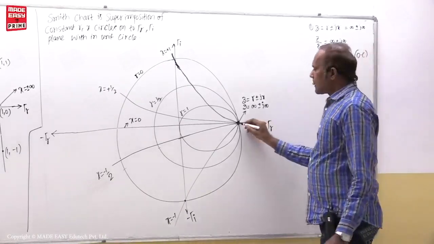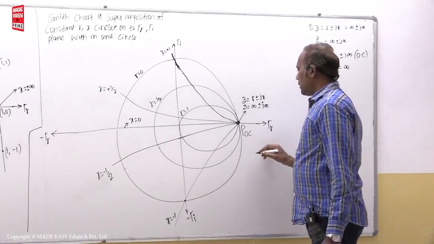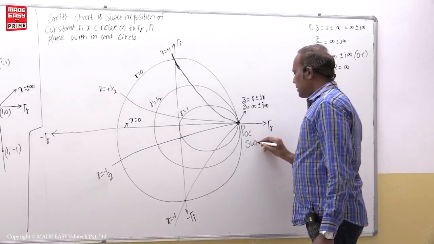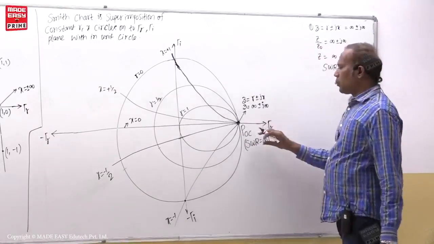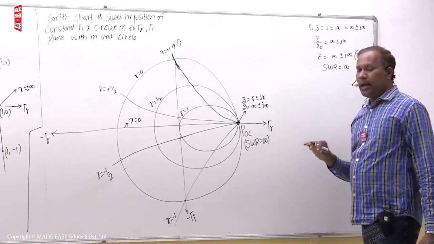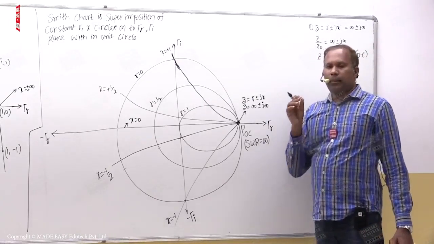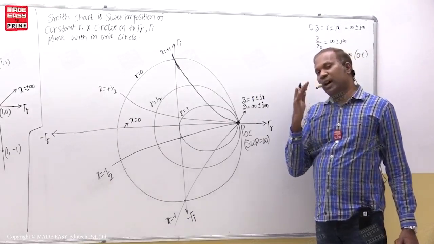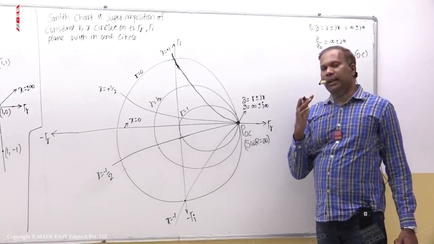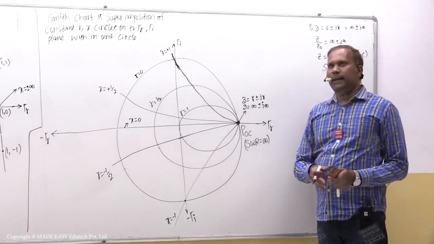So this is called P. P means point, O means open circuit. At this location, SWR is equal to infinity. Because at open circuit, as I already told you, Smith chart is nothing but mathematical equations only. For example, previously in case 1, I took ZL infinity, and then gamma L is equal to 1.